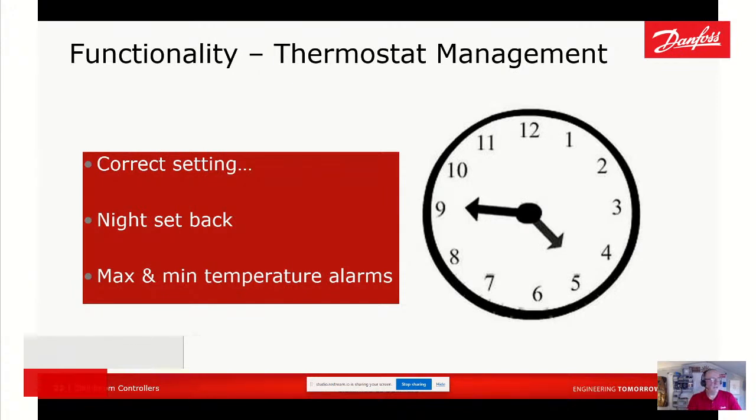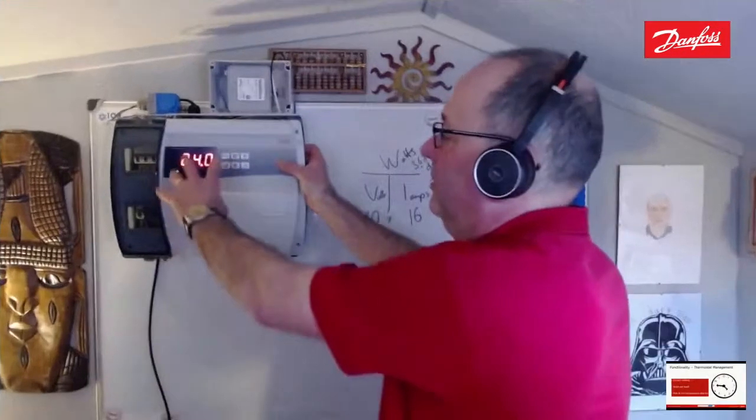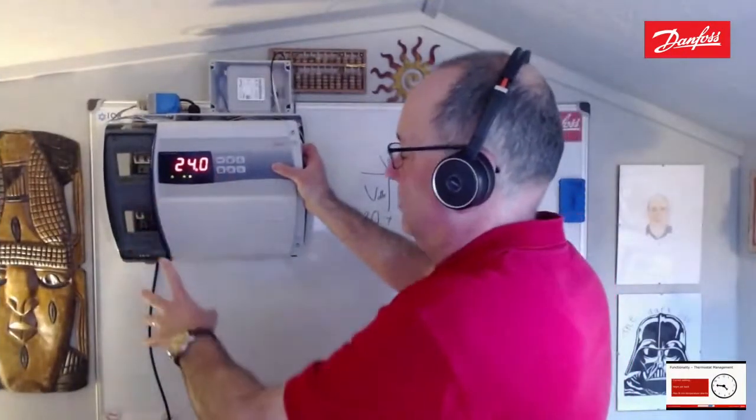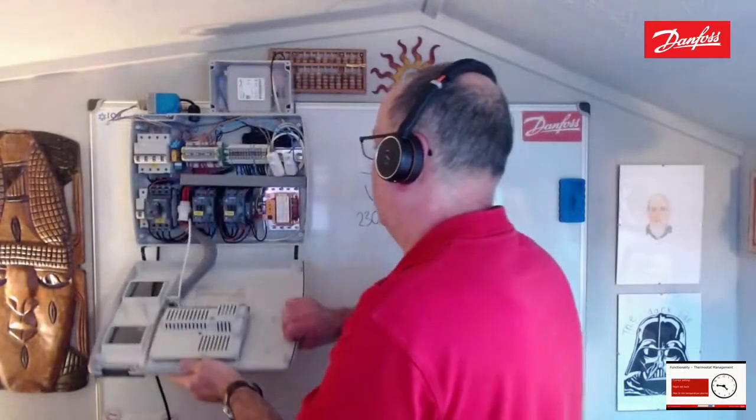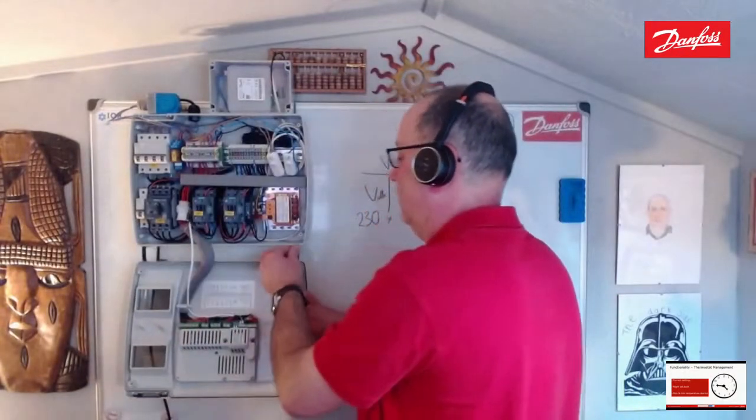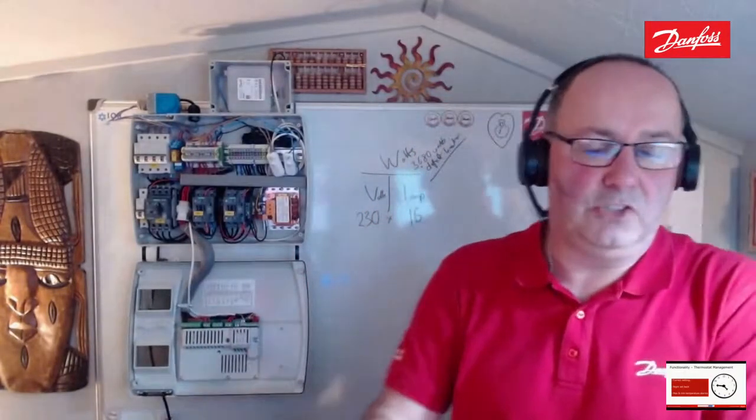But think about thermostat management. We need the correct setting of the thermostat, and you know, I know customers like to play around with buttons, and they might decide that they don't want their cold room at 0, they want it at -5. So you have to be aware of making sure that you can set the thermostat correctly, and possibly making sure that the customer can't alter it too much or at all.